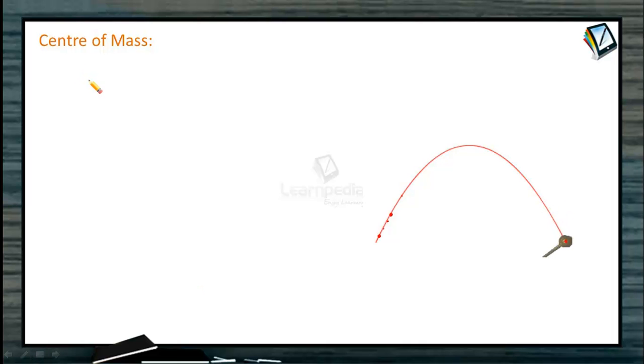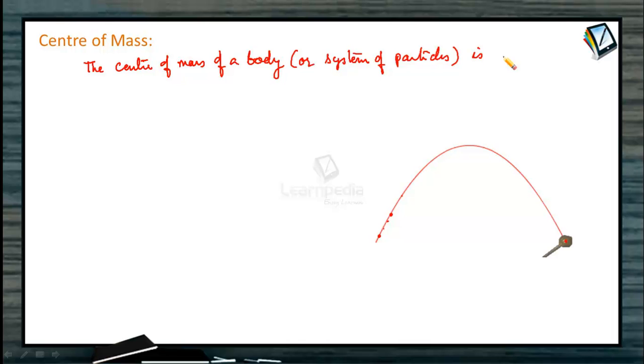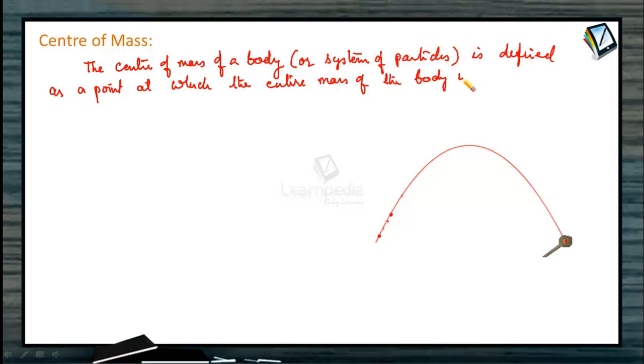For every body there is a point which is the leader particle, such that all the particles of the body will move around that point as if that point is leading. This point in the body is called the center of mass. The center of mass of a body, or we can also call it a system of particles, is defined as a point at which the entire mass of the body is supposed to be concentrated.